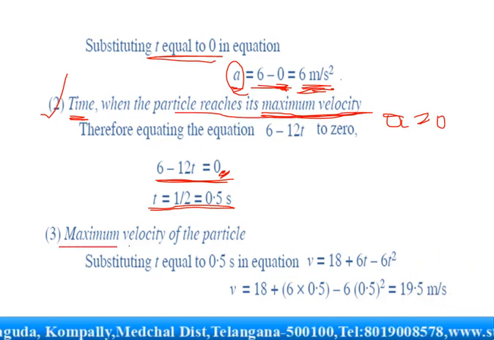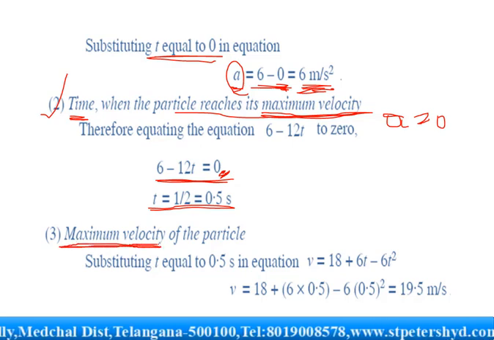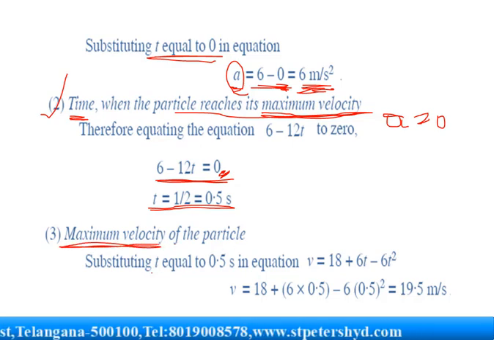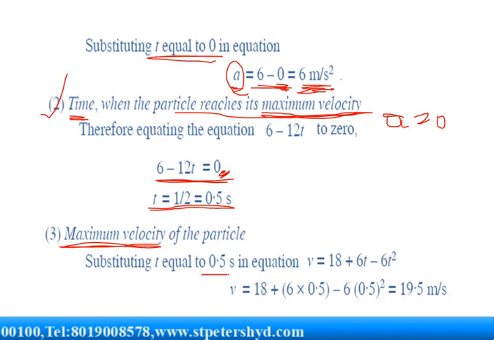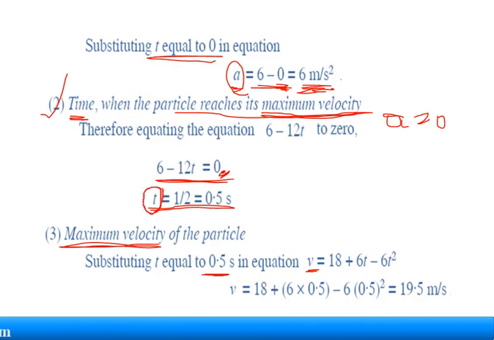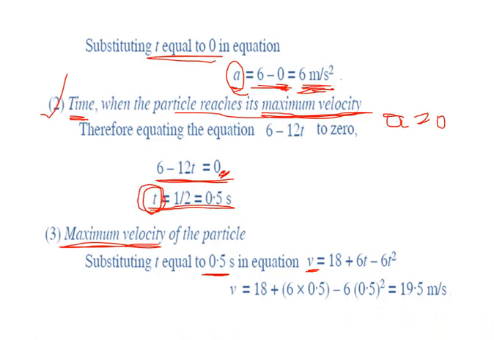And what is the maximum velocity? We require that maximum velocity of the particle. Substitute this particular time in the velocity equation. This is the time at maximum velocity. If you substitute this t in the velocity equation we got previously, then you are going to get the velocity at maximum. What the velocity is? Maximum.